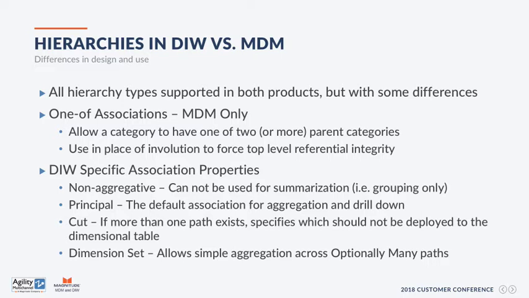So instead, we can say, okay, instead of doing that exhaustive calculation, let's define the many parents as a dimensional set, which is basically the same as saying they're non-aggregative, but allows you to be non-aggregative across multiple parent categories, whereas a non-aggregative association is applied to one category at a time, one particular association between a parent and child category.